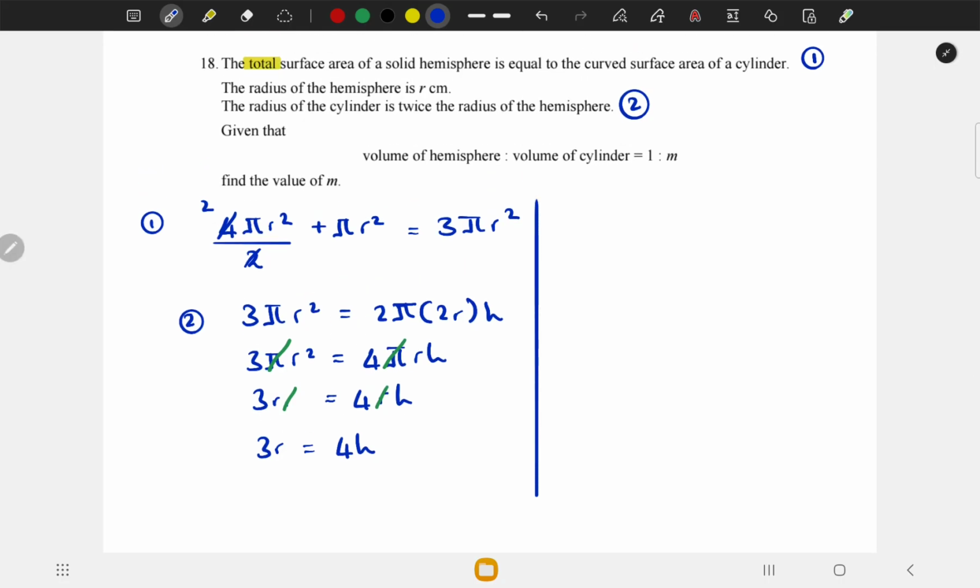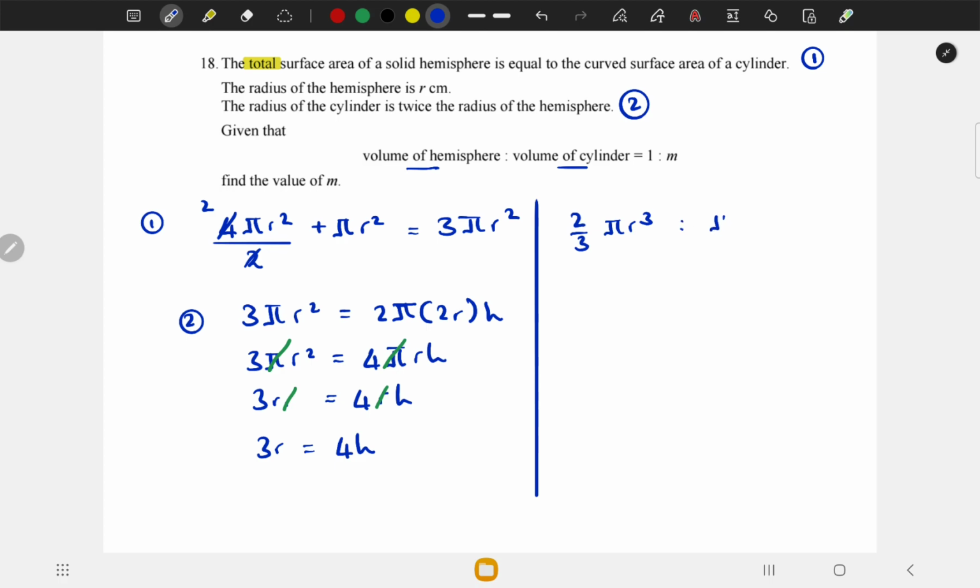We haven't read through the whole thing. You're being told the volume of the hemisphere to the volume of the cylinder. So let's come up with the formulas that are provided. Volume of a hemisphere is 4 over 3 pi r cubed. That's for a sphere. Then we need to divide that by 2 because we're dealing with a hemisphere. When you simplify that, you're simply going to get 2 over 3 pi r cubed.